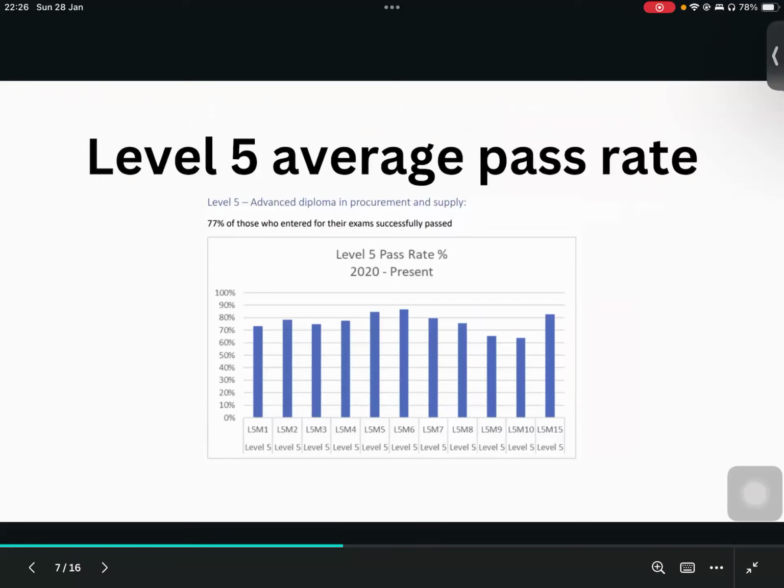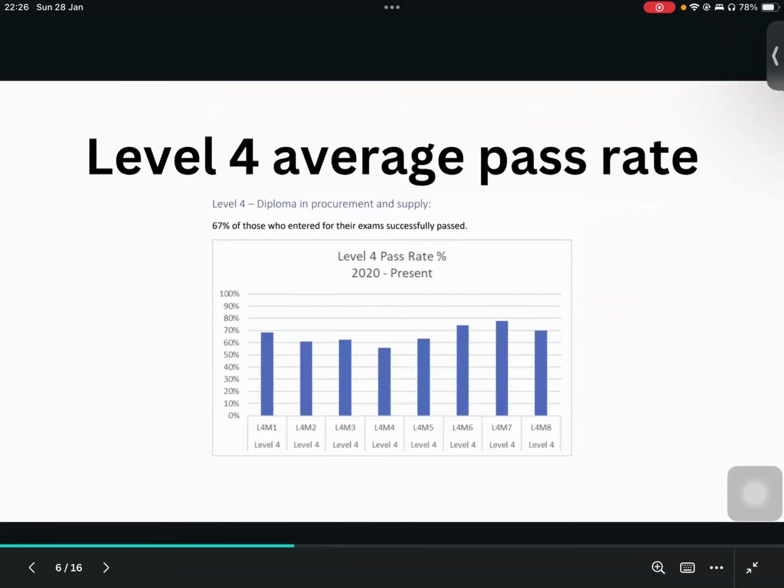We are talking about the March exam, and based on the pass rate, you may choose your module accordingly. You can choose a module that you are more confident with, or you can choose the one with the highest pass rate, so that you can be more comfortable with the exam.